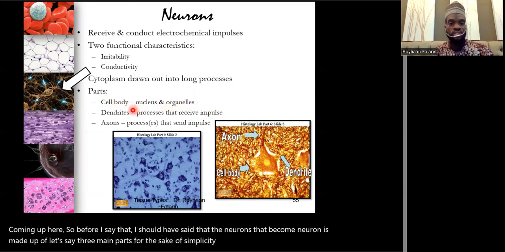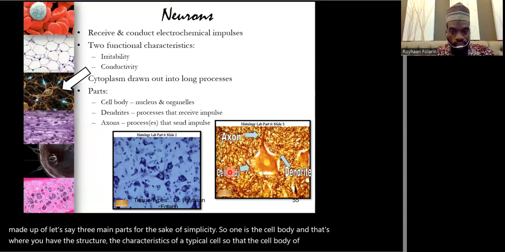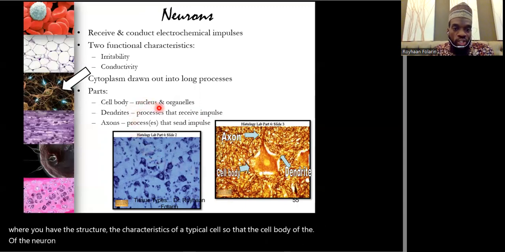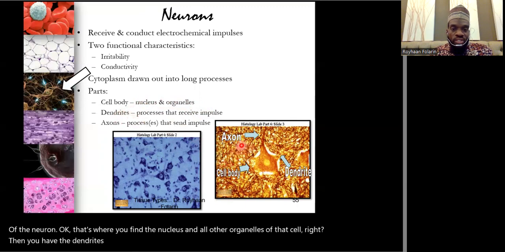So one is the cell body. That's where you have the structure, the characteristics of a typical cell. So that's the cell body of the neuron. Okay, that's where you find the nucleus and all other organelles of that cell, right? Then you have the dendrites. Those are the processes that receive impulse.